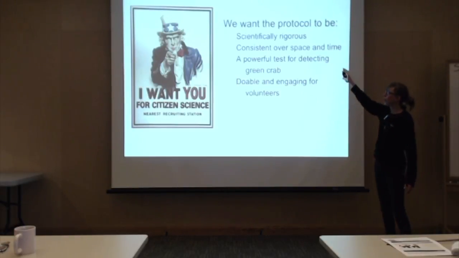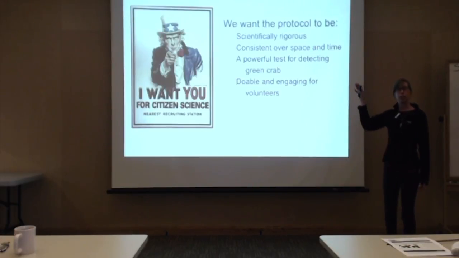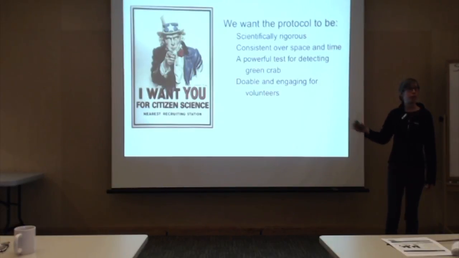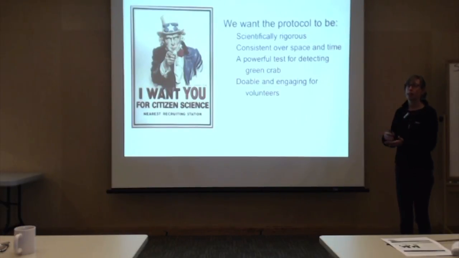But we do want the protocol to be scientifically rigorous. The goal here is to get information that we can use to inform management changes and policy changes. If we can't prove that green crabs are causing these community changes, no one's going to dedicate money to controlling them and putting efforts into eradication. So the data that we collect will have a direct effect on how resources are allocated towards management of green crabs.